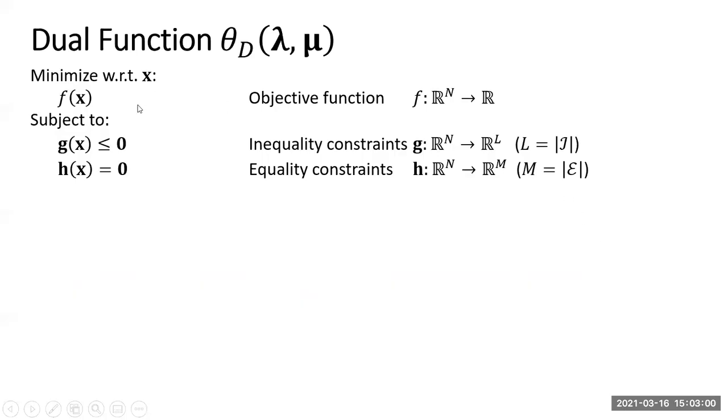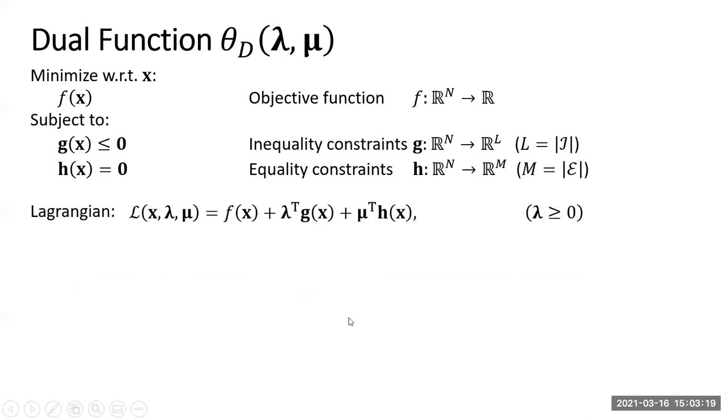Again, this is the constrained optimization problem in vector form. So we have to minimize the objective function f of x subject to the inequality constraint g of x less than or equal to 0, and the equality constraint h of x equal to 0.